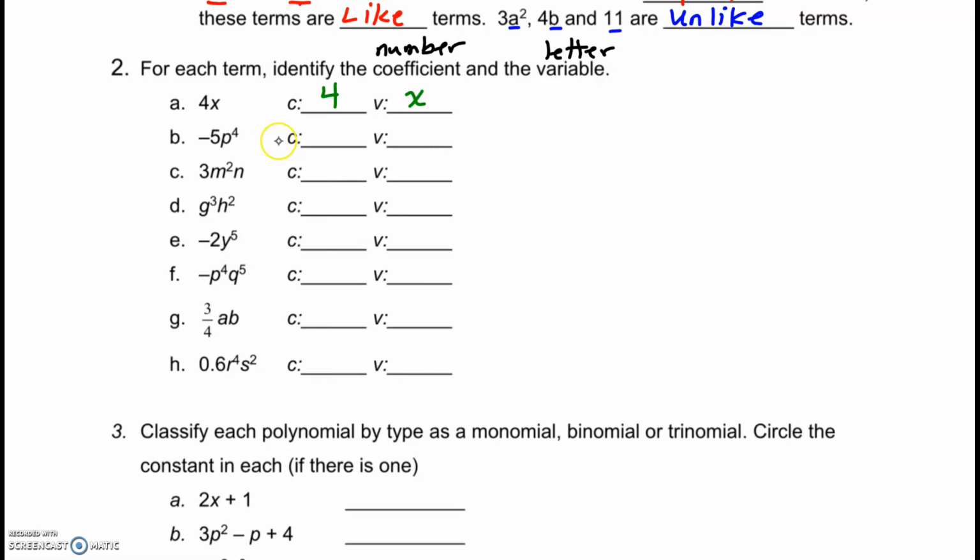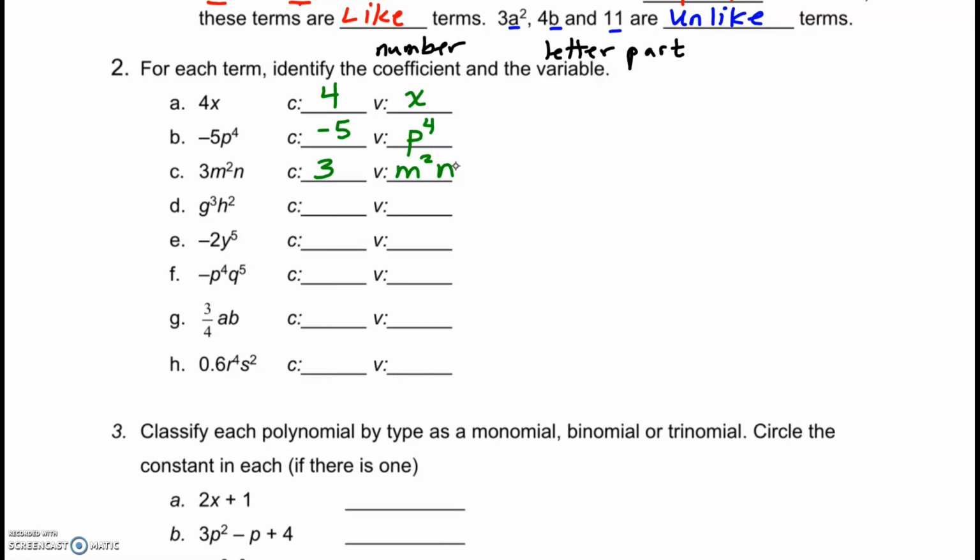Okay, let's see, in the next one, the coefficient would be negative 5, and the variable would be p, and we're going to keep that exponent on the p. Think of it as we're doing the letter part, the whole part, including the exponent. Okay, 3m squared n, so the coefficient would be 3, and the variable would be m squared n.